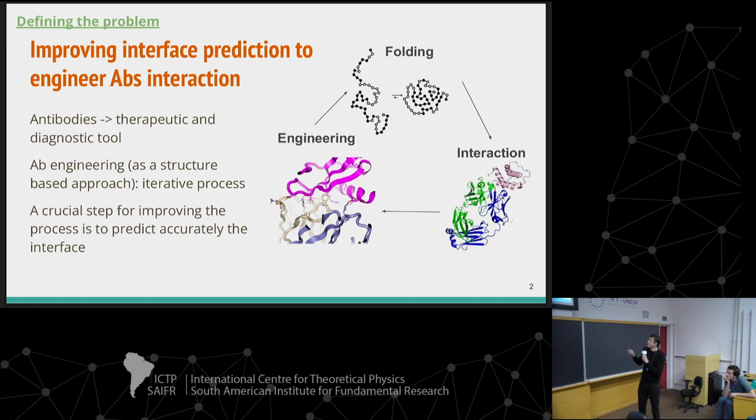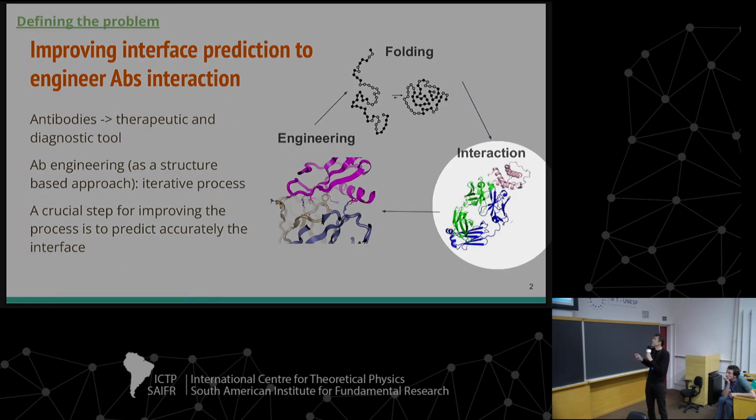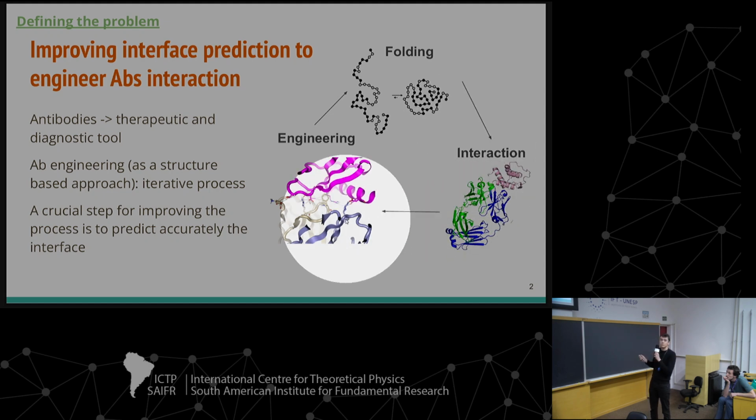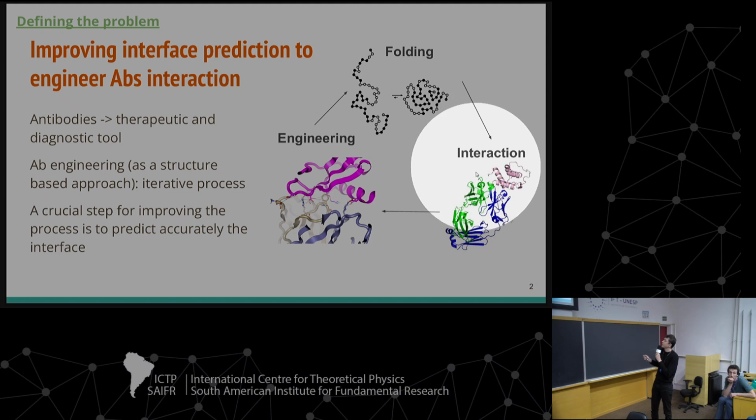And usually, when you try to engineer or design an antibody, you want to have some level of information about where the antibody interacts with your antigen. So the antigen is going to be the target, whatever the target, okay? So you want a level of information about the surface. And this we can call the interface or the paratope-epitope association.